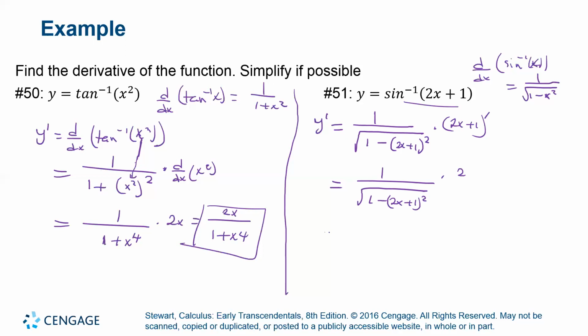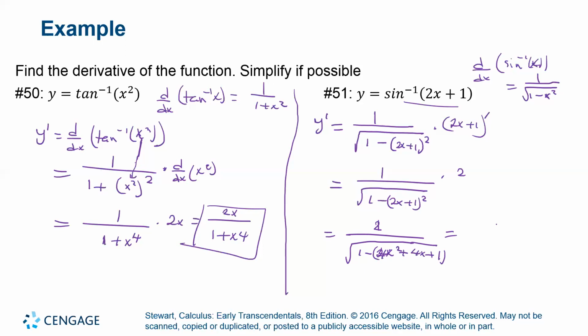Well, we can simplify the denominator there, which will give us the square root of 1 minus 4x squared minus 4x minus 1, because if you expand the plus and send the negative in, then the numerator is going to be 2.